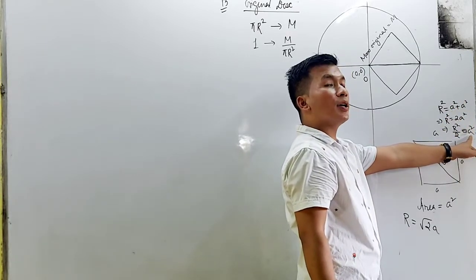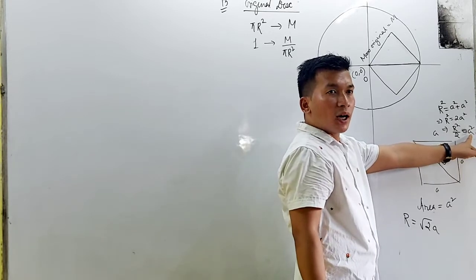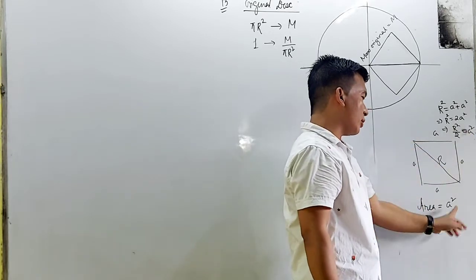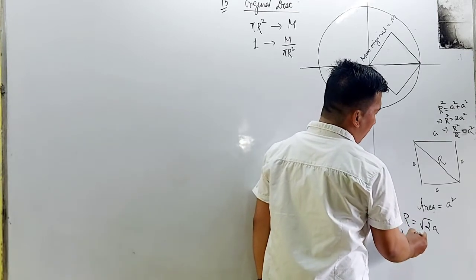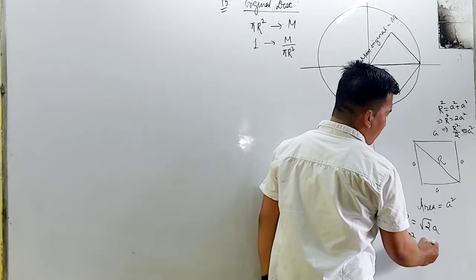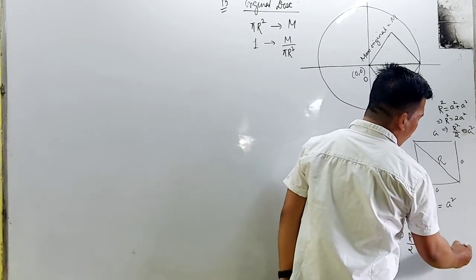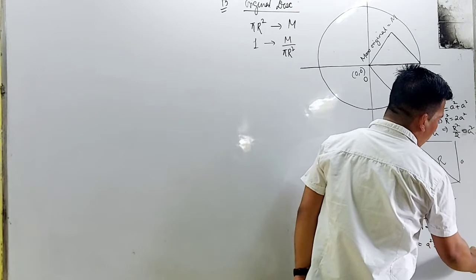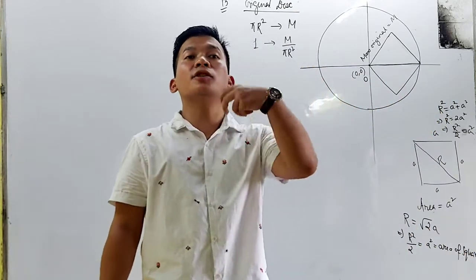If we take the square, then r square divided by 2 is the area a square. So this will be the area of the square. What is the area that is to be taken out?